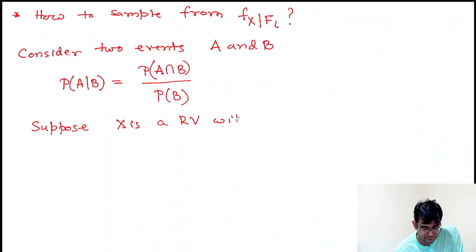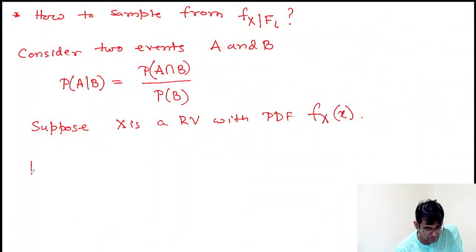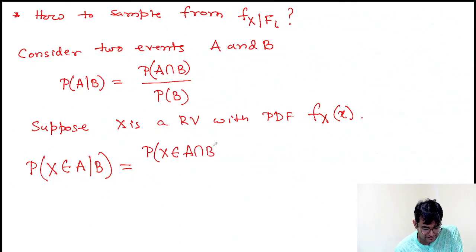We are working with continuous, so I'll assume continuous, so it has a PDF. x is a random variable with PDF fx. Okay. So can you tell me with this setup, what is probability x belongs to A given B will be equal to? Same thing. I'm looking at probability. It should be exactly the same thing. It should be probability that x belongs to A intersection B divided by probability of B, because that event has already occurred.